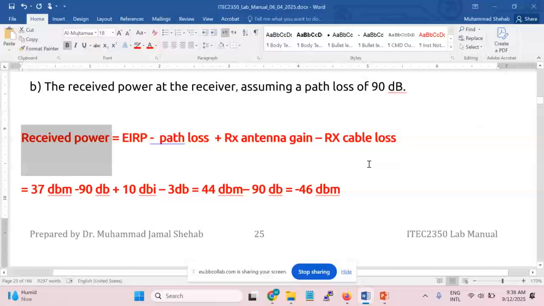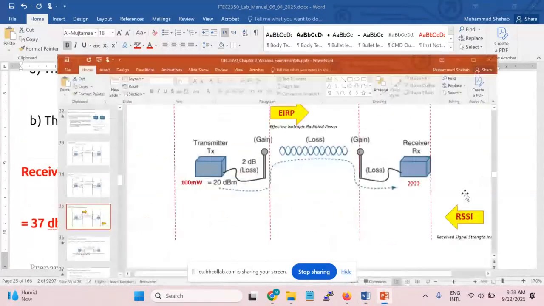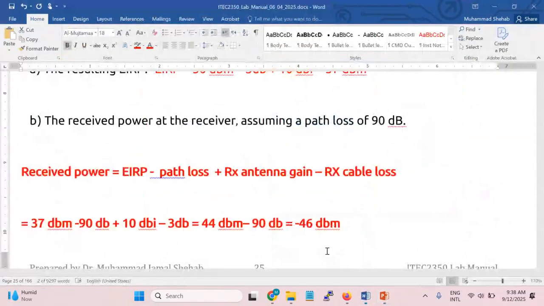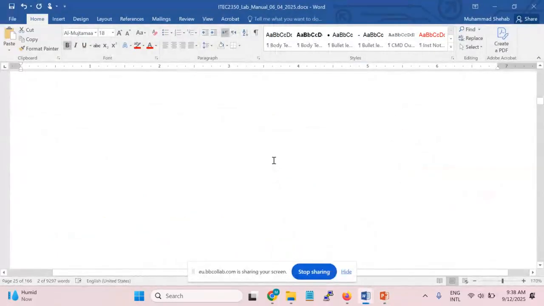This is the received power of the signal at the receiver. And by this, we will end the lab.